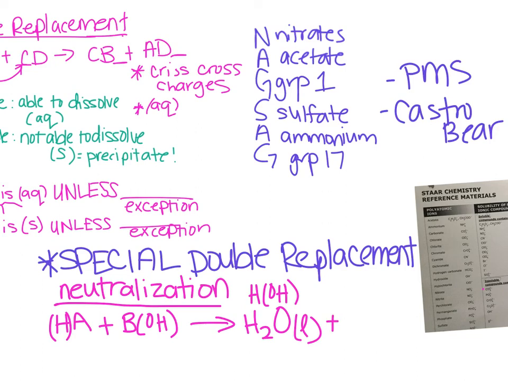And then you're making some sort of, we're going to put BA, which is your ionic salt. Okay, so remember it's not always NaCl. It's just an ionic substance. So metal and a non-metal. Okay, and make sure you crisscross charges.